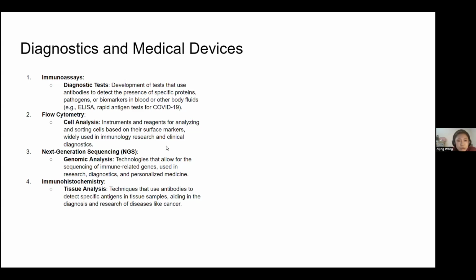It will be really helpful. And then next generation sequencing and immunohistochemistry will also utilize a lot of different kinds of antibodies that bind to specific antigens.